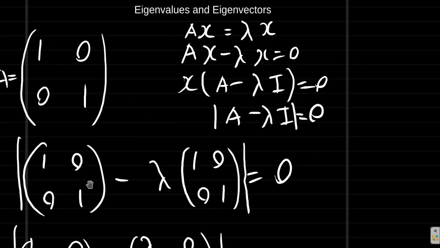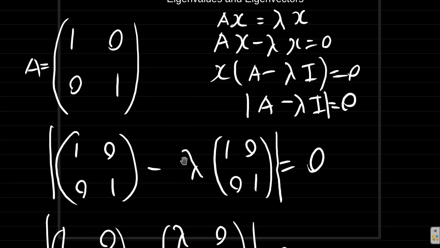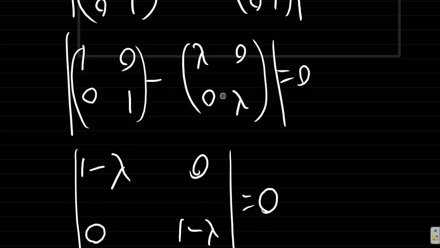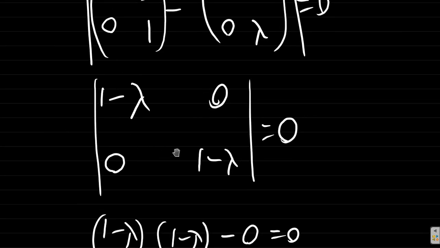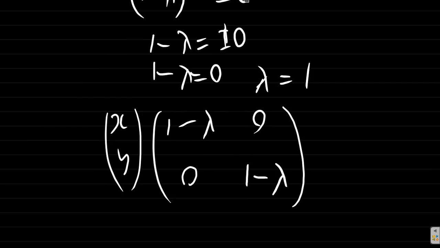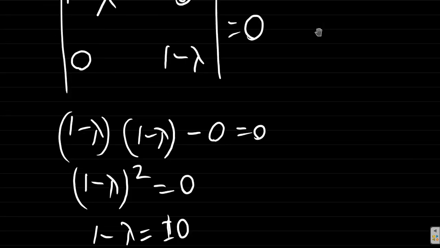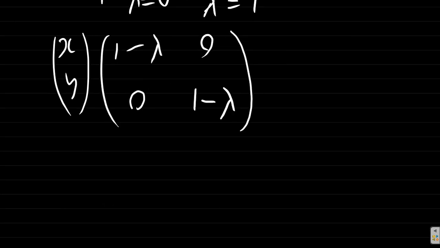Because remember, we had A minus lambda times I, and it simplifies down to 1 minus lambda 0, 0, 1 minus lambda. So, x times A minus lambda I equals 0. So this gives us 0.